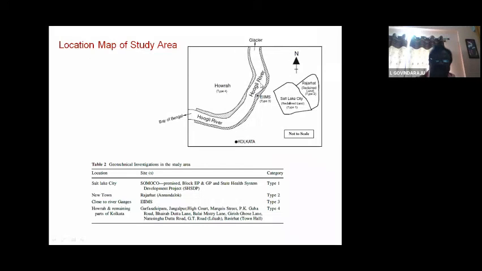So we wanted to concentrate on a particular location where the infrastructures are yet to come. It means Salt Lake City. This is a completely reclaimed land. This is Rajarhat city reclaimed land here, and here it is AIIMS.